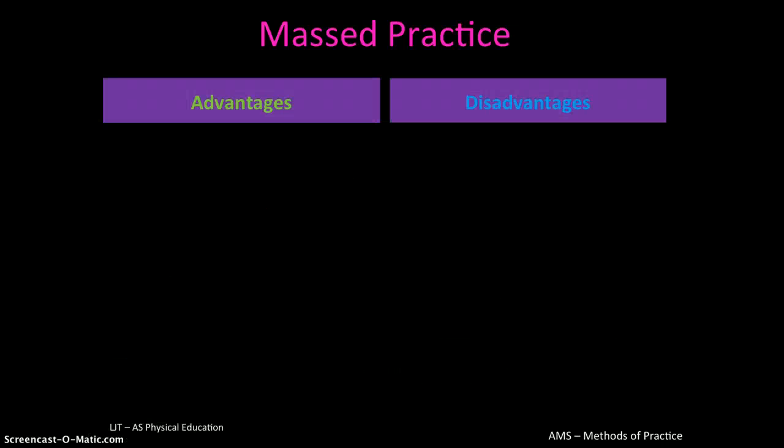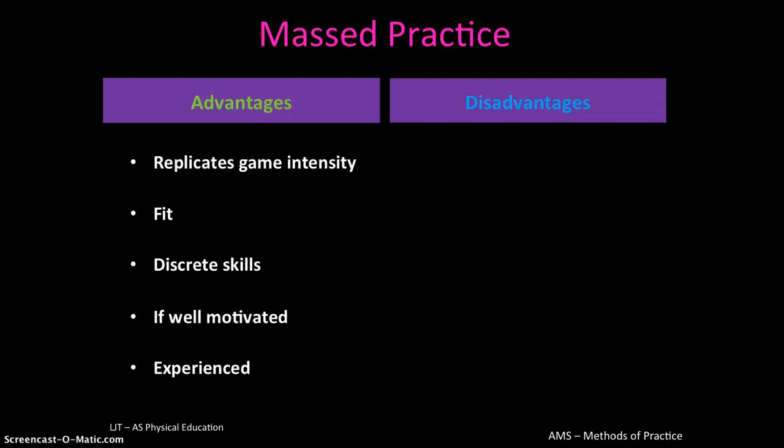The advantages of mass practice could be that, given you might be under pressure in a football or particularly in something like basketball, and you need to be able to shoot repeatedly under that kind of pressure, that high volume of practice can help that, and it will really help groove a skill. It will require you to be fit, or maybe even will help develop fitness in the performer.